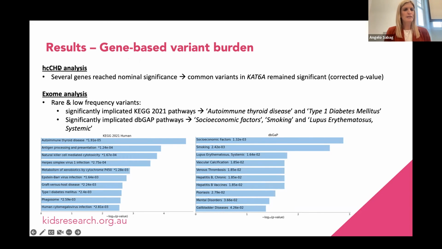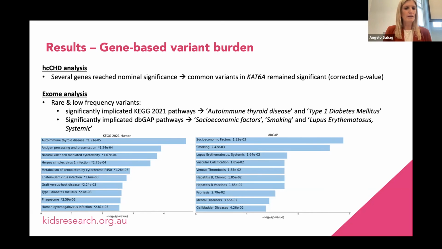When we looked across the exome, we focused on rare and low frequency variants because they had the significant differences between the groups. We used Fisher's exact test again, and we inputted those significant genes into Enrichr, a program that looks for associations between gene sets and pathways.